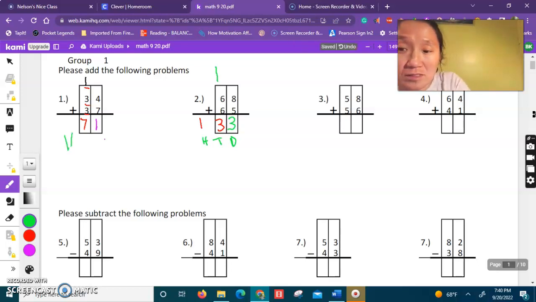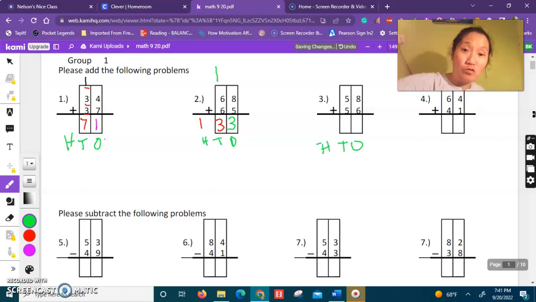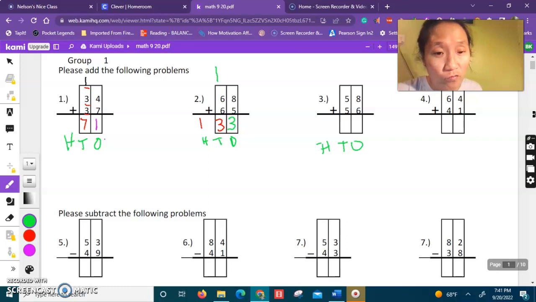Hundreds, tens, and ones. Keep your place value true. So 60 plus 60 is 120, plus 10 more is 130. Or 6 plus 6 is 12, plus 1 more is 13. So I just make sure I move the number over. Okay?